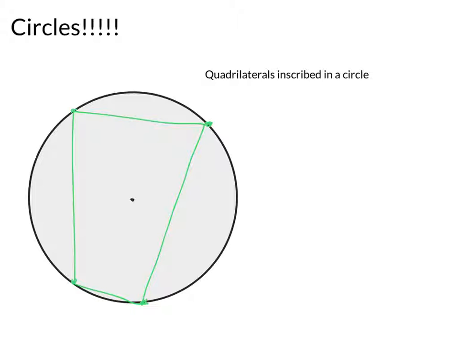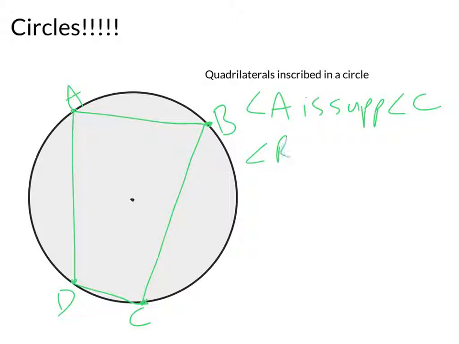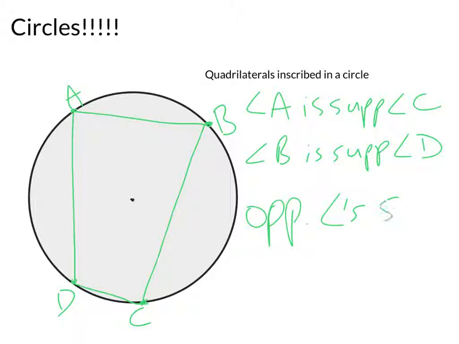All right. What do I know? This is A, B, C, and D. My opposite angles of an inscribed quadrilateral are supplementary. So angle A is supplementary to angle C, and angle B is supplementary to angle D. My opposite angles are supplementary.